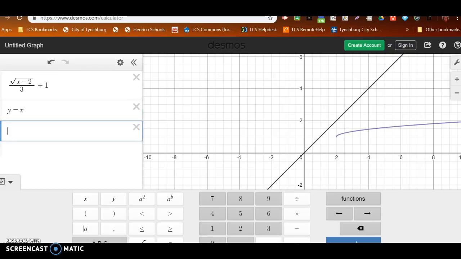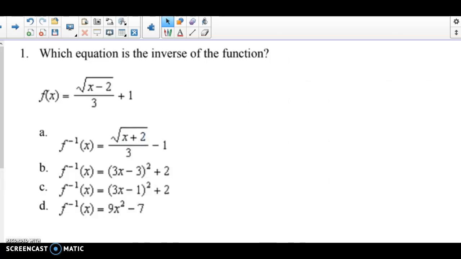So the next thing that I'm going to do is type in individually each one of the answer choices so that I can see which ones look like they might be flipped across the axis.